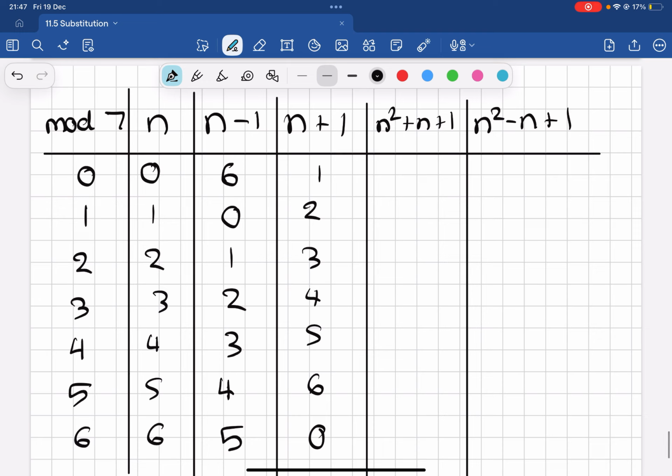Now we've got our quadratics. We've got 0 squared plus 0 plus 1, which is 1, 1 plus 1 plus 1, which is 3, 2 squared, 4 plus 2 plus 1 is 7, so that's just 0, 3 squared 9, plus 3 is 12, plus 1 is 13, 13 mod 7 is 6.